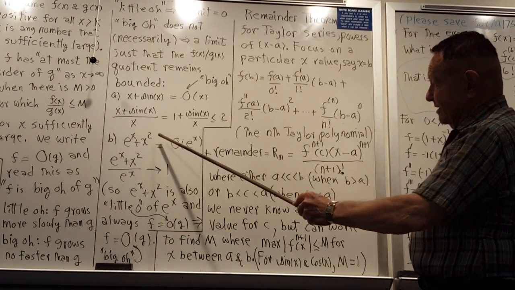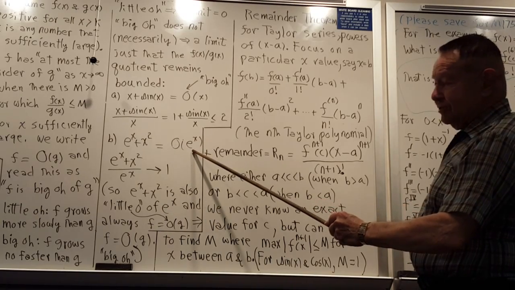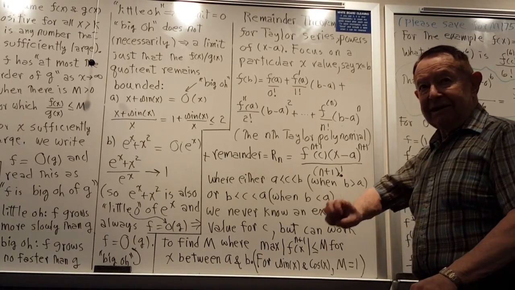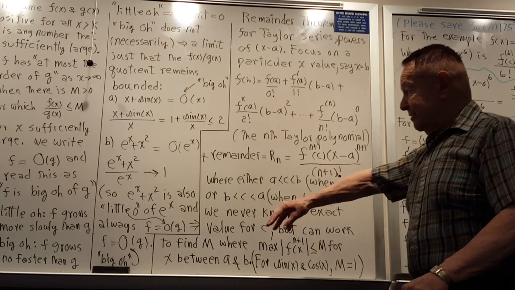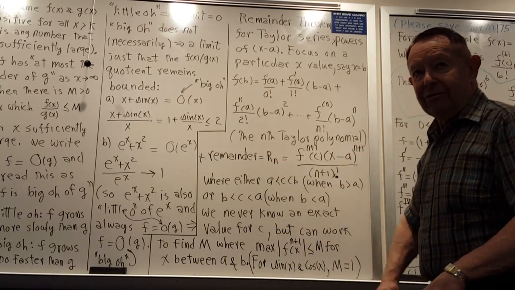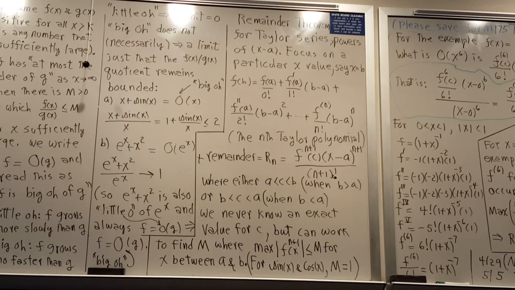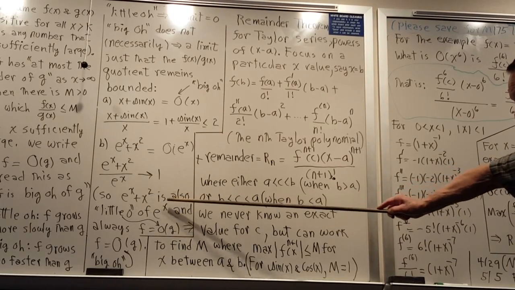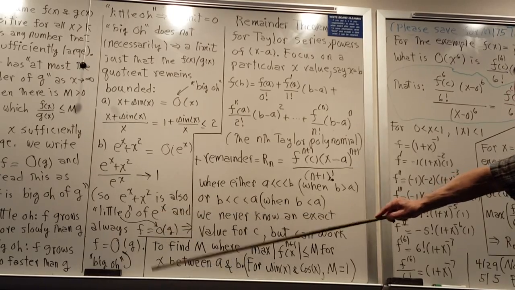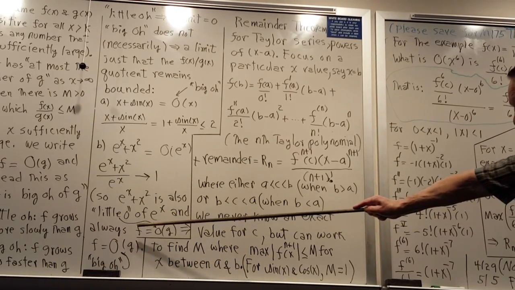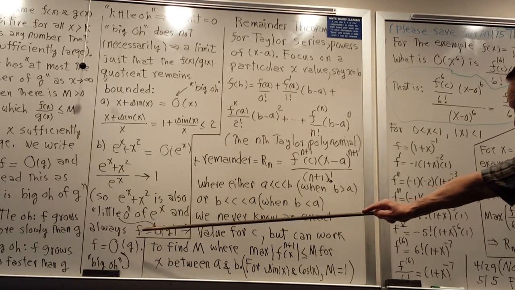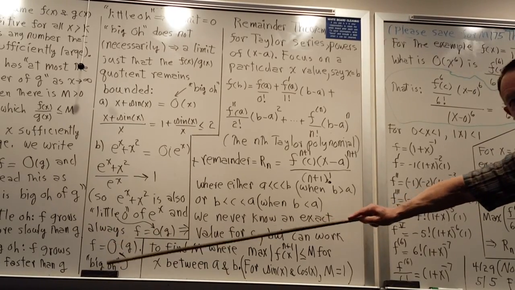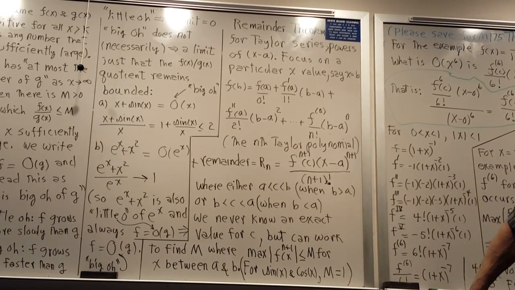If the left-hand side is little o of the function on the right-hand side, it's also big O, because if it does approach a limit, then you can also say the quotient is bounded. But you can't go the other way around. So this is also little o of e to the x, and always, if f is little o of g, then it's also big O, but you can't turn it the other way.